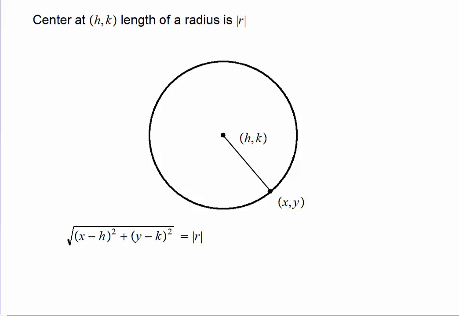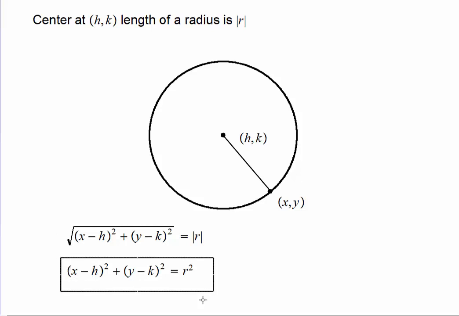When we square this equation, we get this general form of the equation of a circle with center at (h, k), and if r is a positive number, then the radius equals r.